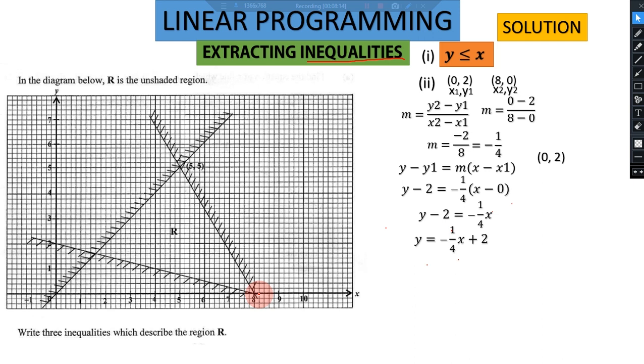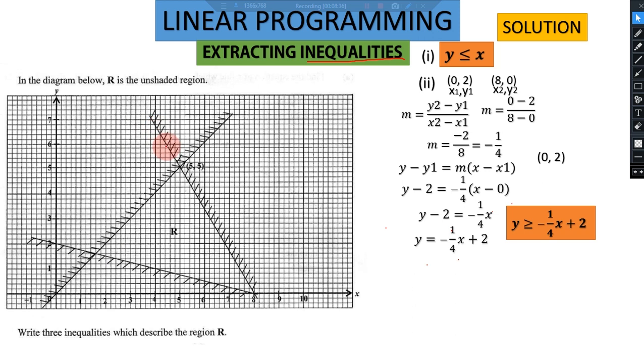Since this line has been shaded below, leaving the above part, above we will use a greater than sign. So this will be y greater than or equal to negative 1 over 4x plus 2. Okay, that's the second inequality.